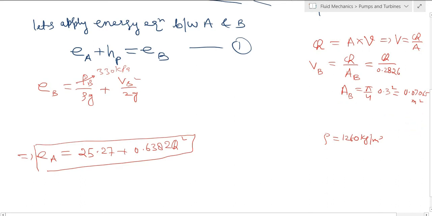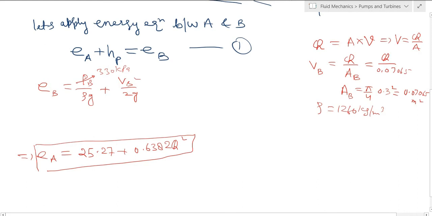And we again have this density. Let me write it here. Density is 1260 kg per meter cube, right? So we can write here VB square is going to be Q divided by 0.07065, right?